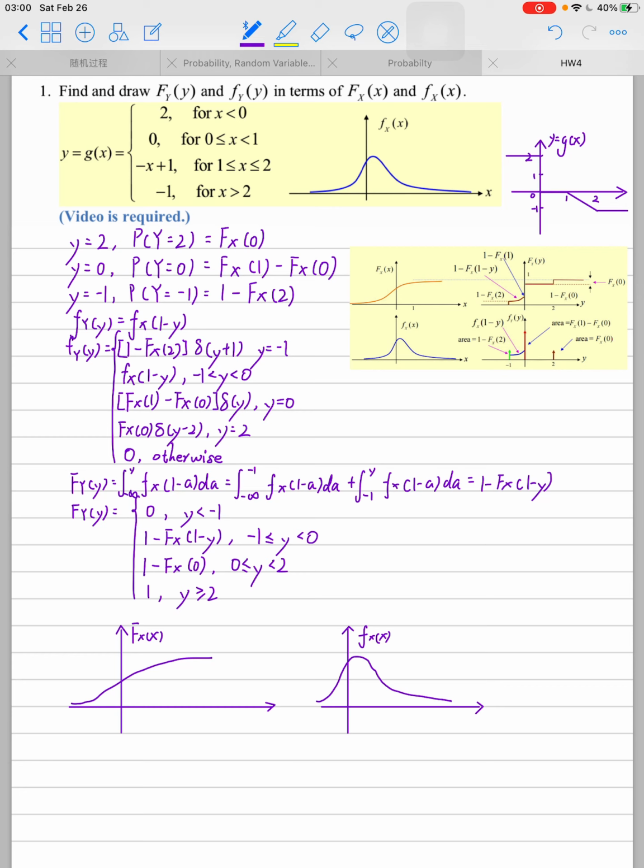And the diagram from the problem is f_X(x). In order to make it easier to understand, I draw a diagram of y equals g(x) here.